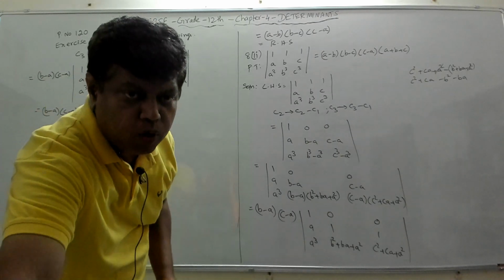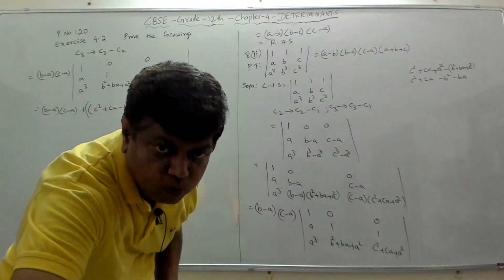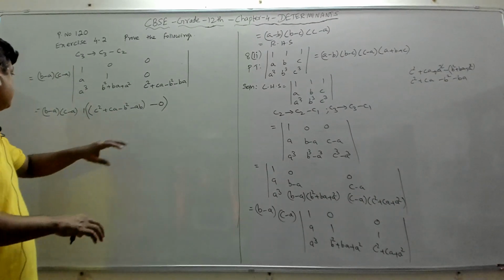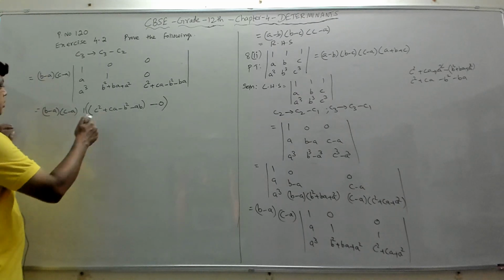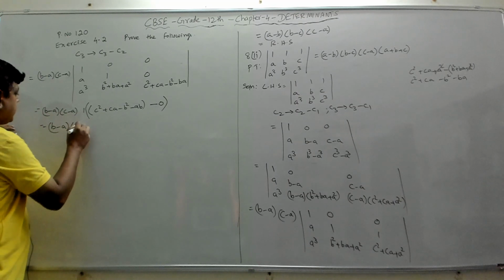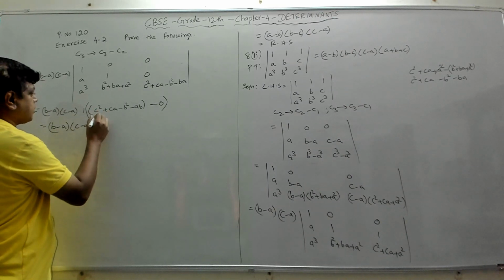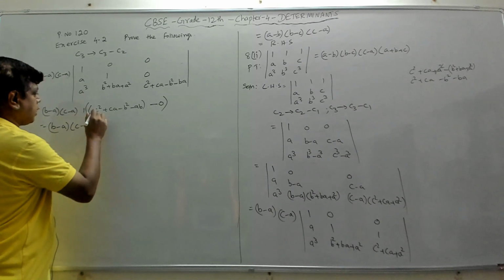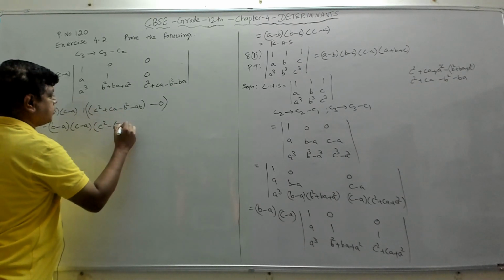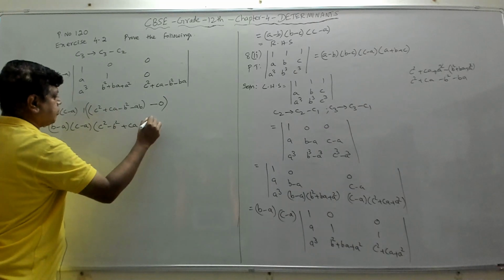Fine. So now what we have is this. Now if you simplify further, you get B minus A into C minus A into, if you club these two, this becomes C square minus B square, and this is plus CA minus AB. Fine.